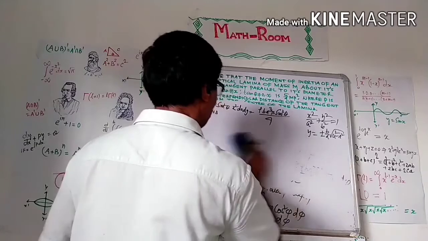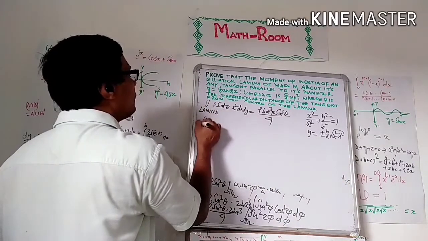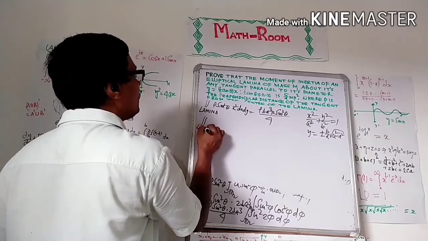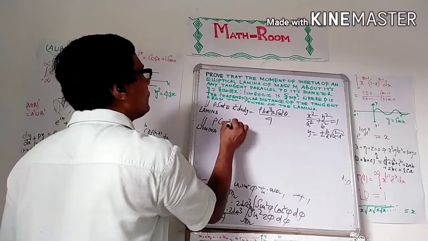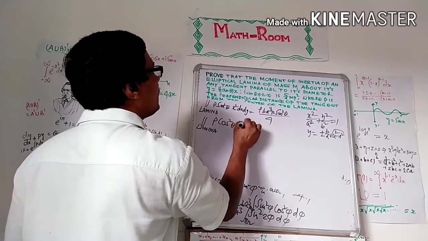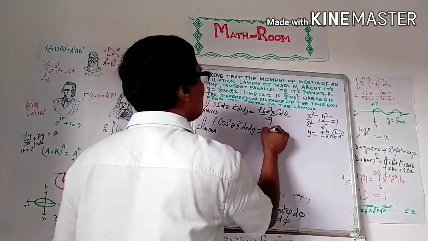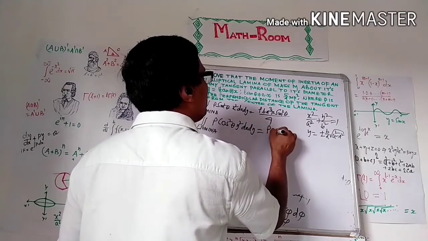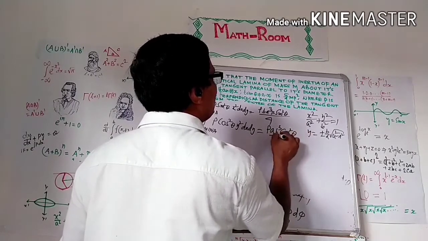In a similar manner, we can also get the double integral over the lamina of rho cos square theta y square dx dy equal to rho a b cube cos square theta over 4.